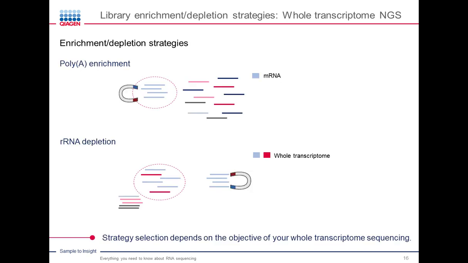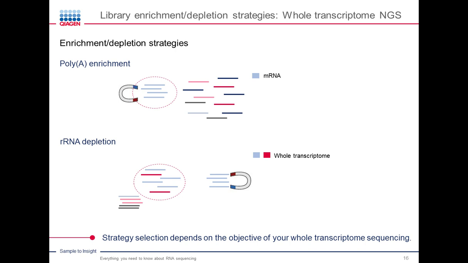So what are two styles of strategies? For poly-A enrichment, basically you're pulling out your mRNAs. You're making use of the fact that mRNAs are polyadenylated, and you basically capture these polyadenylated RNAs. Now, the one caveat of this is that long non-coding RNAs typically do not have a poly-A tail.